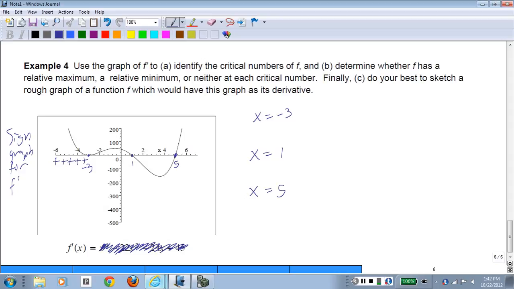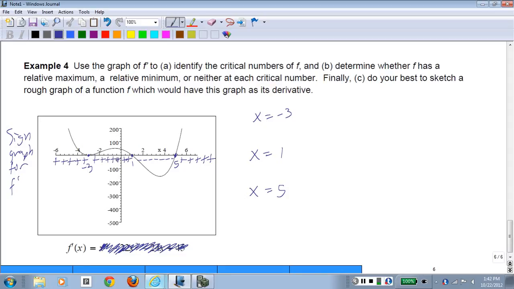Pluses where the graph that we see is above the x-axis, minuses where it's below the x-axis. So pluses, but more pluses, and then minuses, and then pluses. So this is our sign graph for f prime.